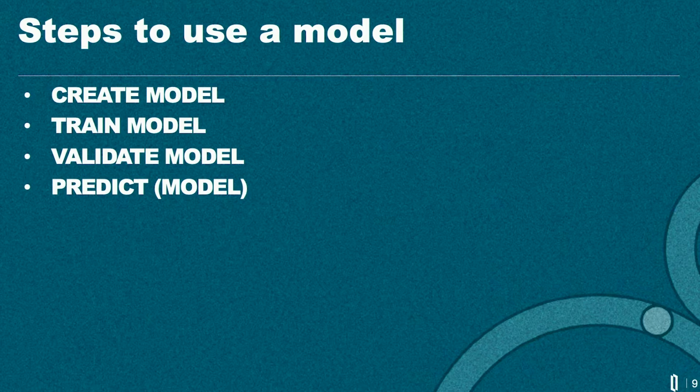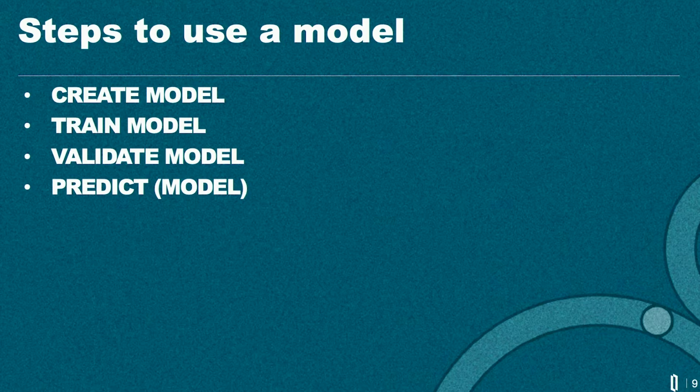Okay, so let's see what the four steps are in a simpler manner. You create a model. That's the definition that you'd like for the machine learning. You train the model. This is probably the most important step, where you let the machine learning provider go and work on the data that you've already got, and then discover any intelligence that it can find from it. And we will look at that in a moment. Validate model.